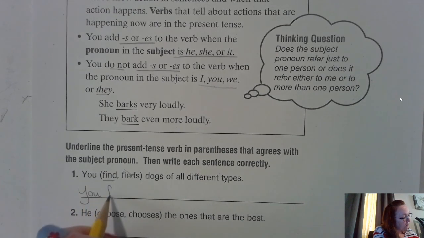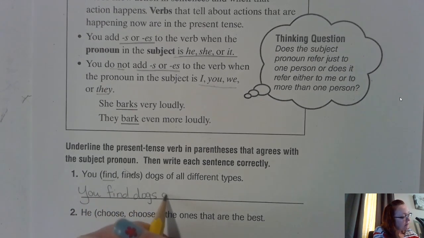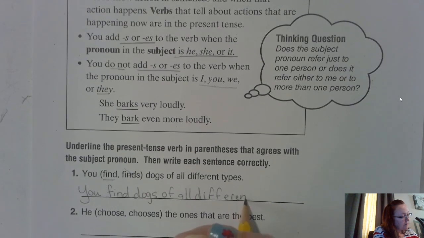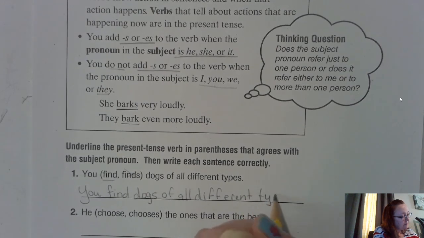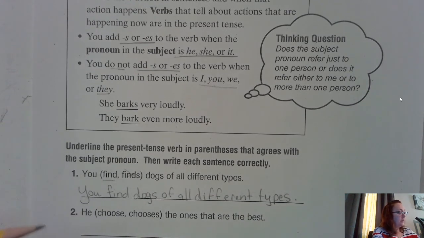And then go ahead and write it out. You find dogs of all different types. Don't forget you need a capital letter, punctuation at the end.